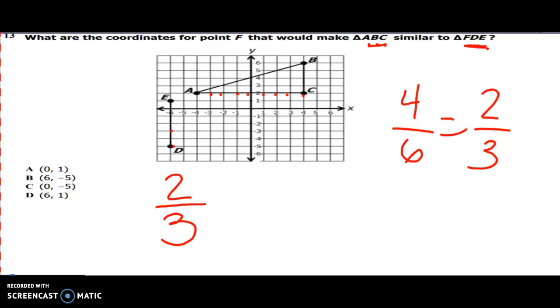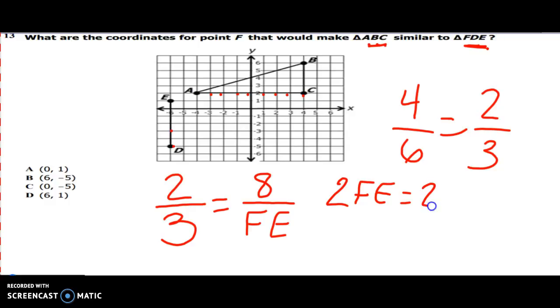If A to C, I said was 8, A to C corresponds to FE. So if I cross multiply, I've got 2 times FE is equal to 24. So F to E needs to be half of that, or 12.